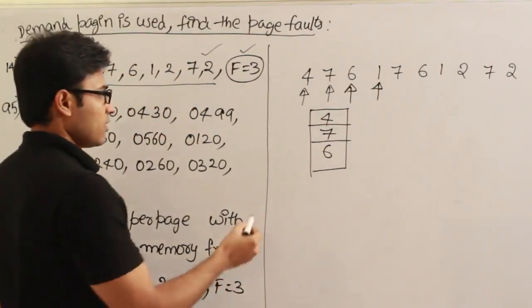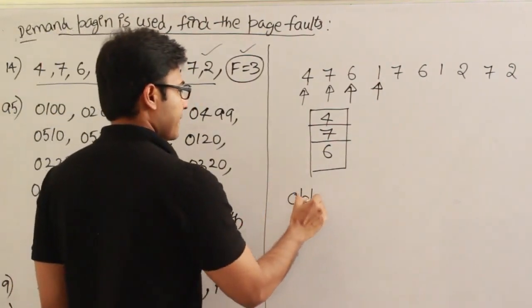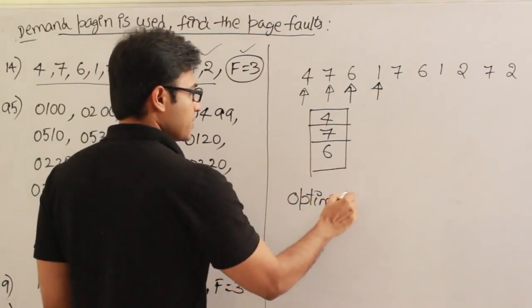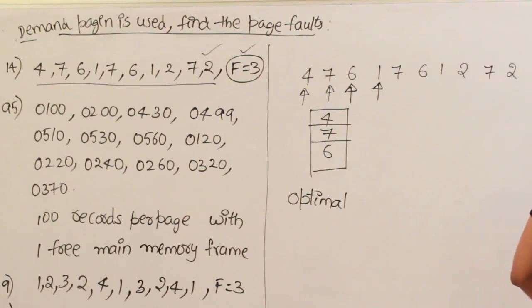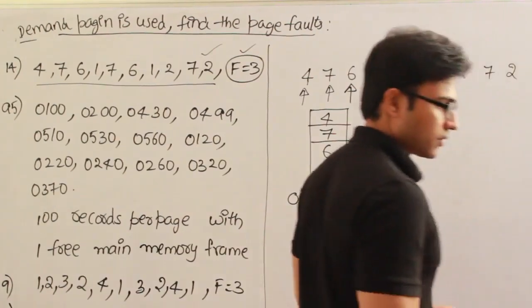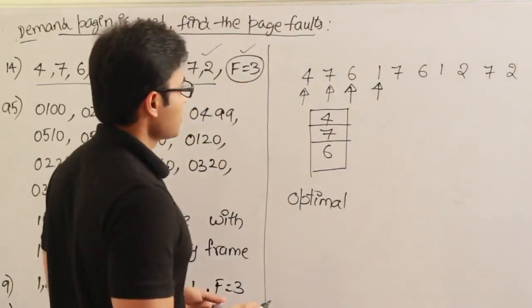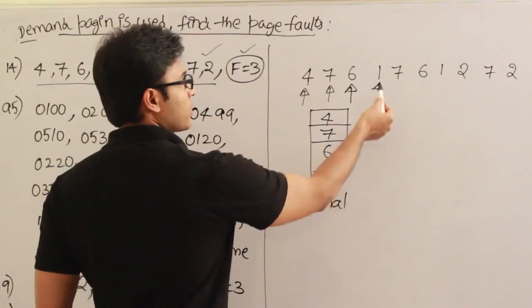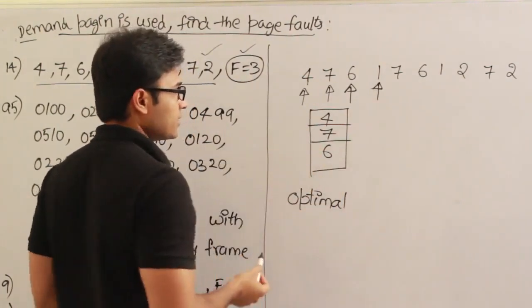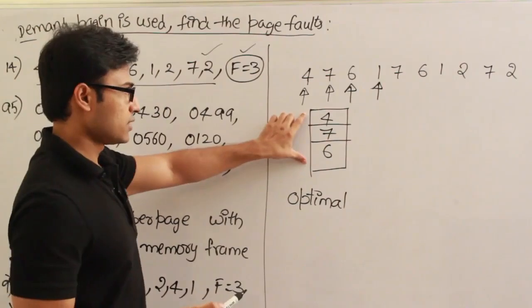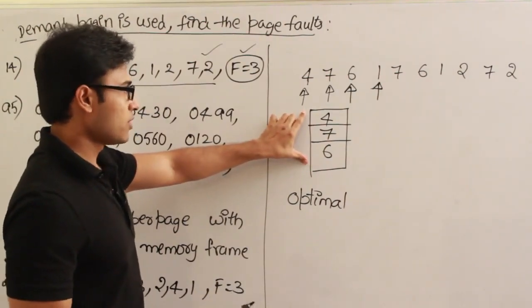Now assume that we are using the optimal page replacement algorithm. We are referring to 1, and 4, 7 and 6 are present in the frames in main memory. You have to replace one of them. Which one?